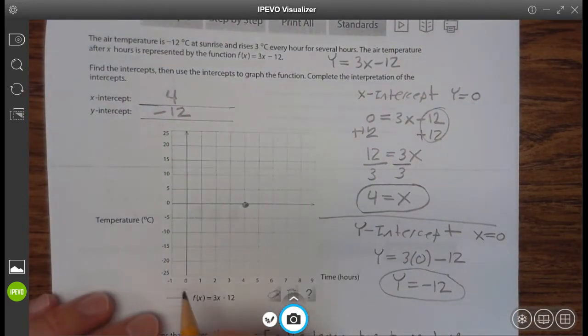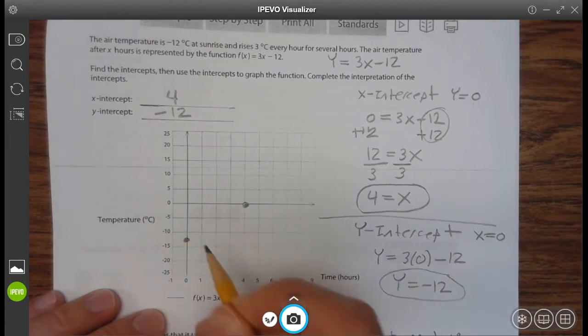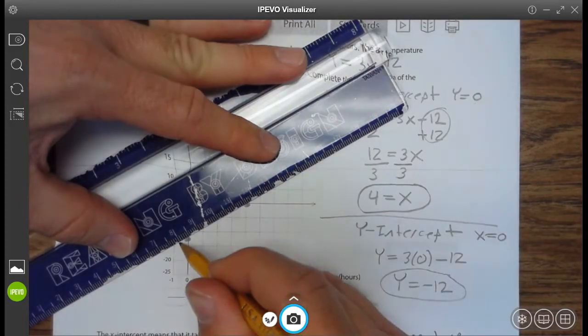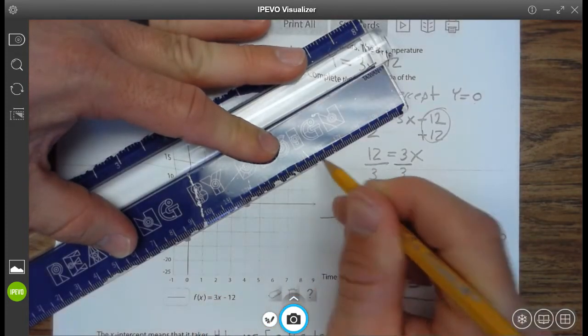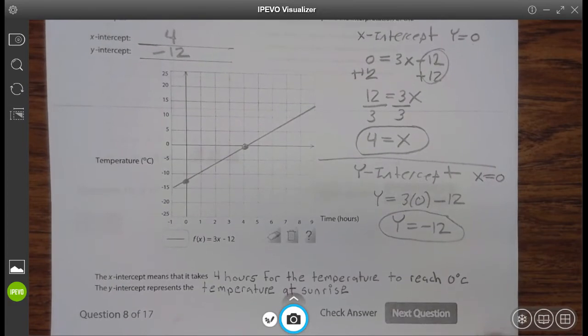Okay. Negative 12 is about right here. There's a line. All right. The x-intercept means that it takes 4 hours for the temperature to reach 0 degrees Celsius. The y-intercept represents the temperature at sunrise. All right, go and finish up example 8.